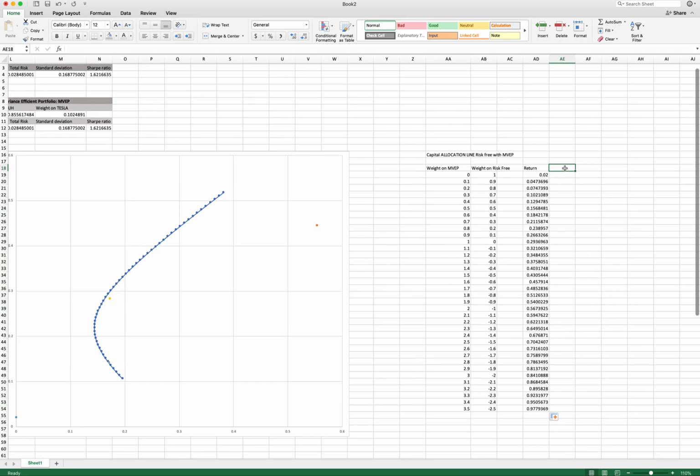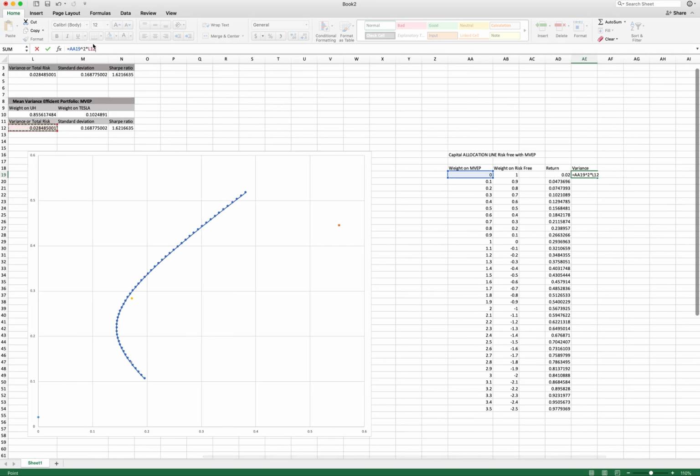Now let's look at the standard deviation. Well, let's do the variance first. The variance is equal to what? Well, that's the weight of the MVEP squared times the total risk of the MVEP. Okay, again, I'm going to protect this cell. Plus what?